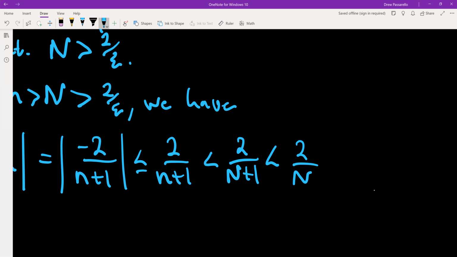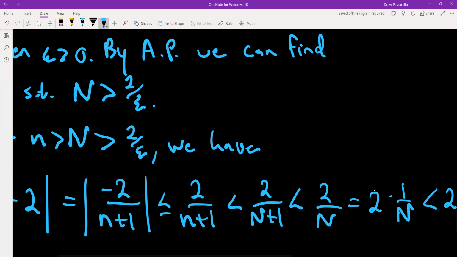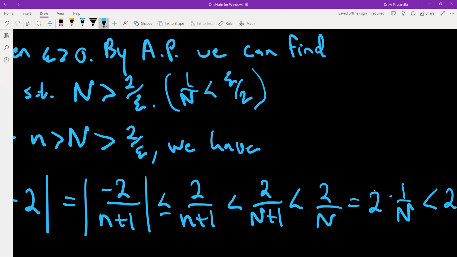And so we have 2 over capital N, which is the same as saying 2 times 1 over capital N. So if we have capital N bigger than 2 over epsilon, this means 1 over capital N is less than epsilon over 2.